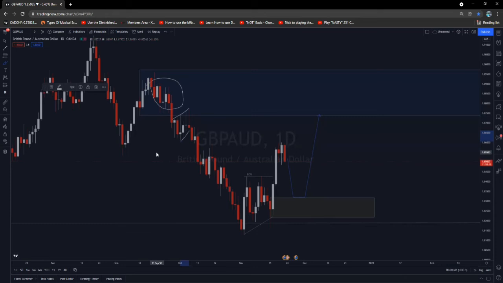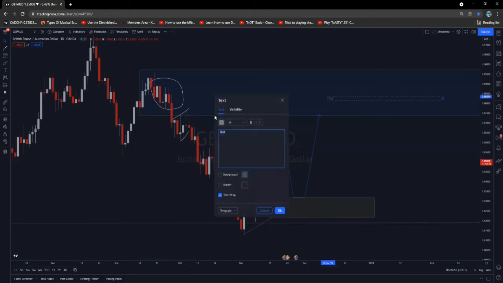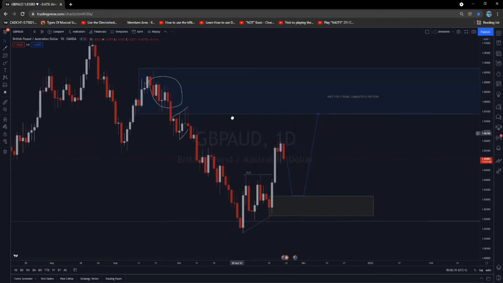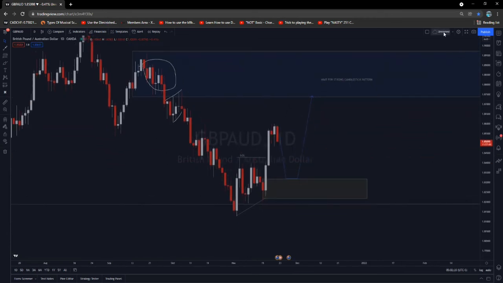So there is a possibility that even if the market comes here, there isn't going to be a strong departure, which leads me to this conclusion that if the market comes here, we're going to wait for a strong candlestick pattern to signal that we should buy. But for now, this is what I'm expecting to see on GBPAUD.